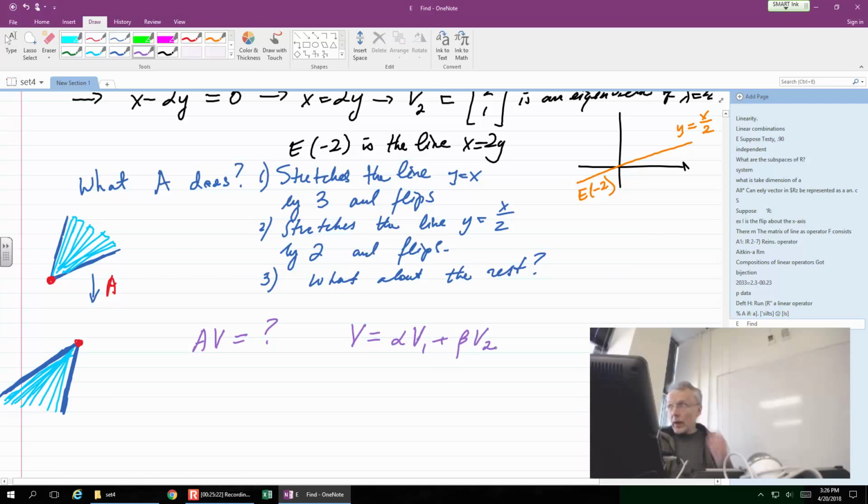Okay, so now if I apply the operator A to it, what is A of v equal to? Can you tell me? Remember, how do you compute a linear operator of a linear combination?